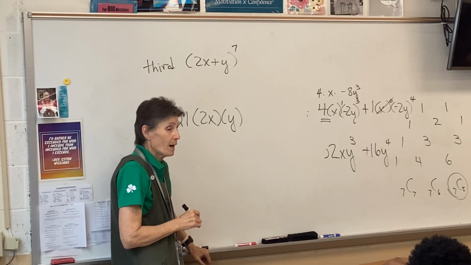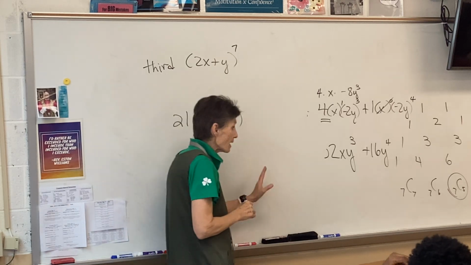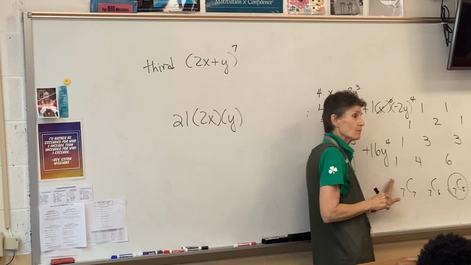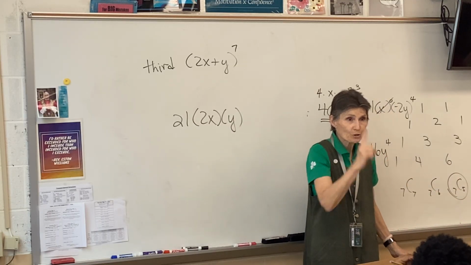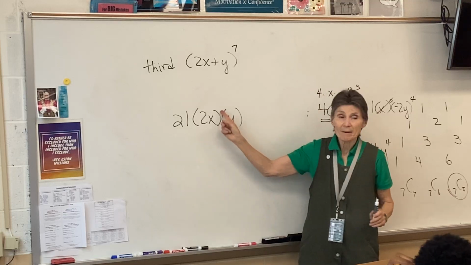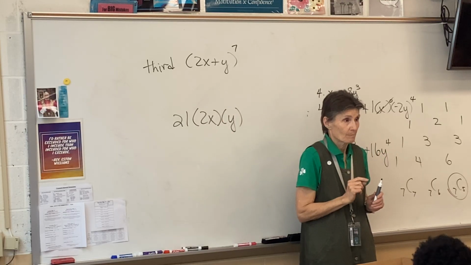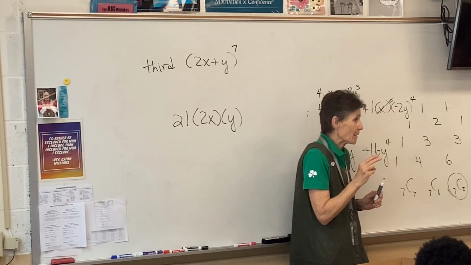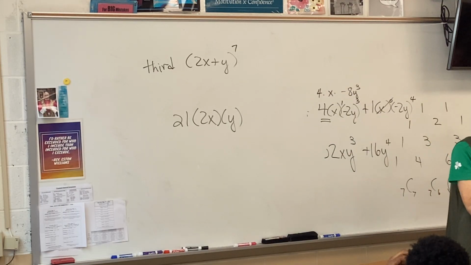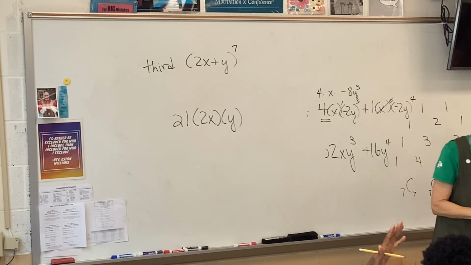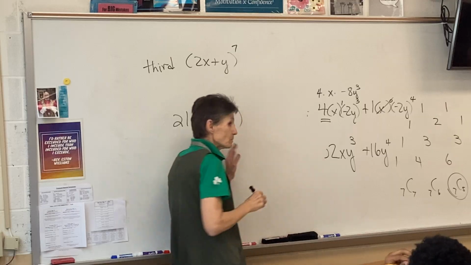And then I need my exponents. So again, if I were writing out the whole row, in the first term, what would be the power on the 2x? 7. In the second term, that power would be 6. And in the third term, that power is 5. I'm counting down.